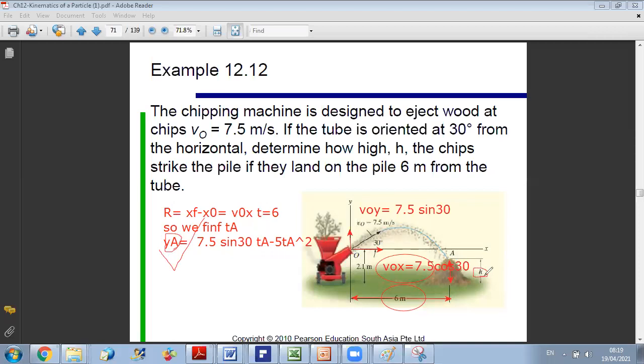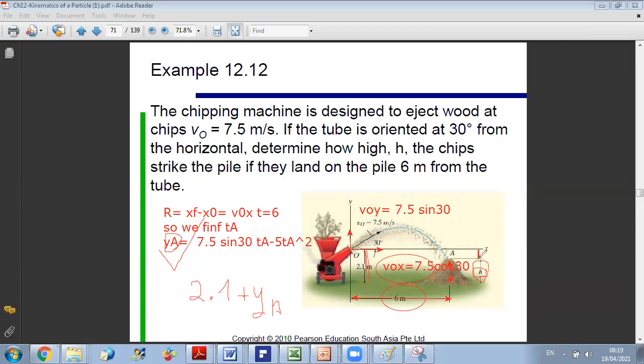If I do a simple analysis, if I look at my figure, I expect that ya will be negative. And I know that the distance from the floor is 2.1. So I can say that 2.1 plus ya, which is negative, will give me the value of h, because h is the difference between 2.1 and this distance.